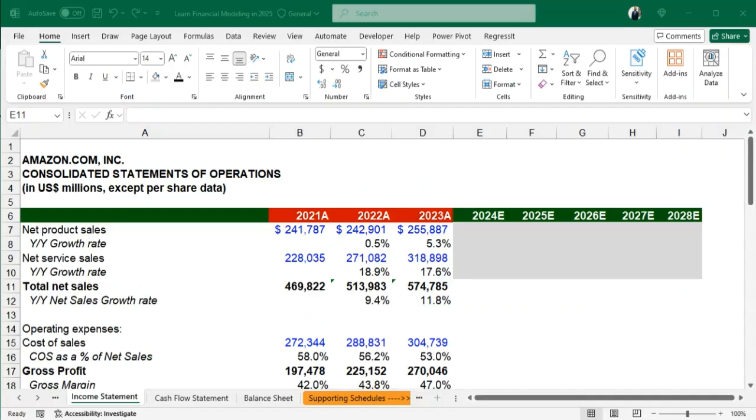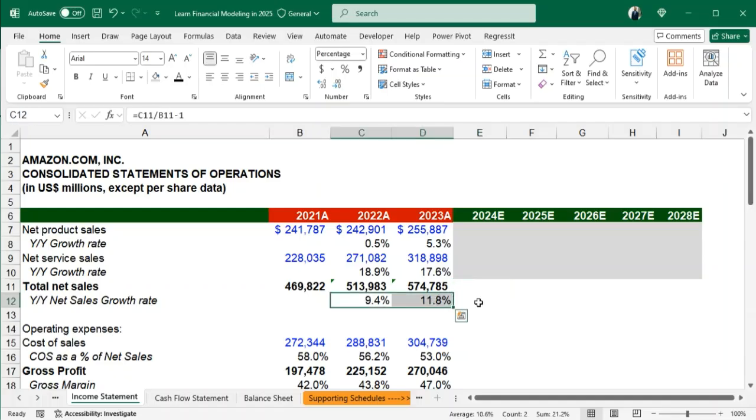So let's come back to our model here. This is the historical ratio. We have gotten consensus estimates by Wall Street analysts, so we are going to input those estimates here.